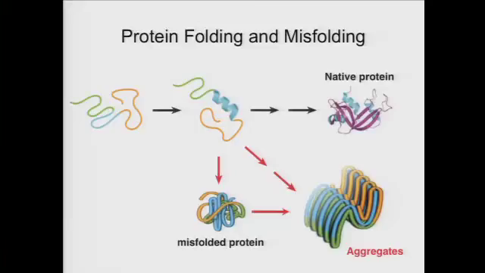This is what we call misfolding of the protein, or even worse, these proteins happen to stick to each other and form massive aggregates. Now, why are we interested in these mistakes in protein folding? Because it does happen in our cells, and when it does, it leads to devastating consequences.